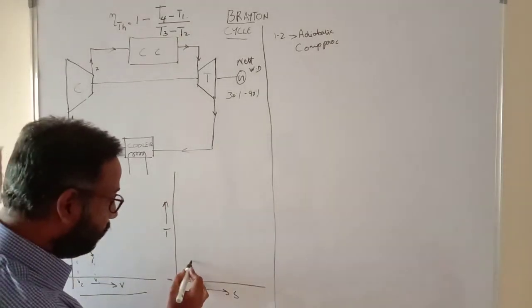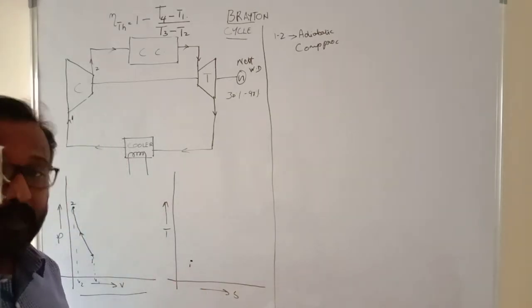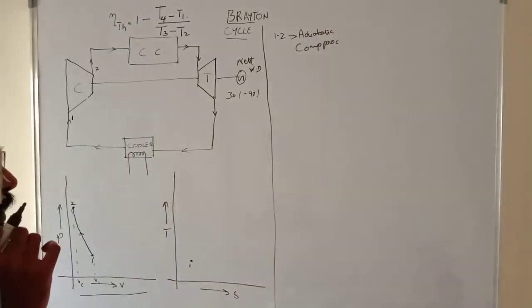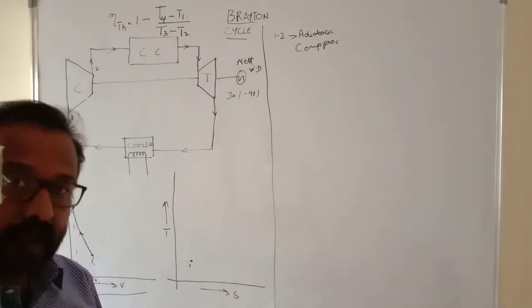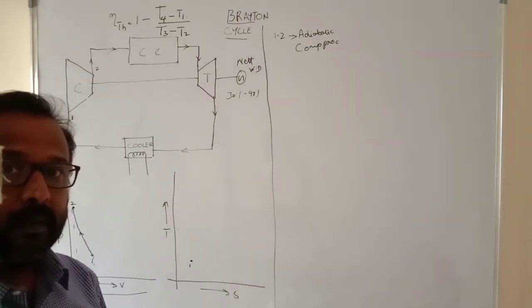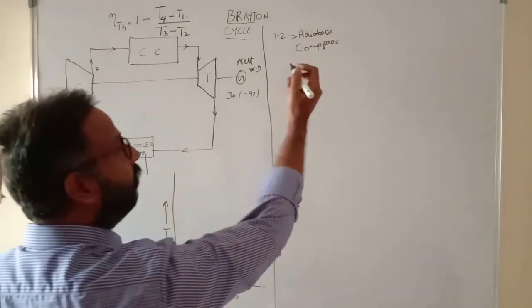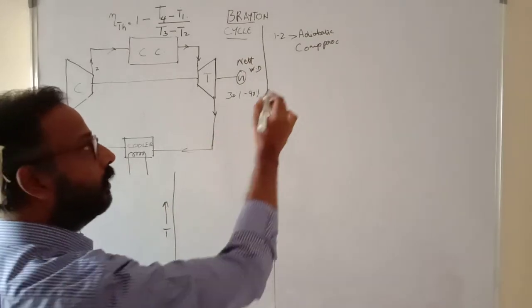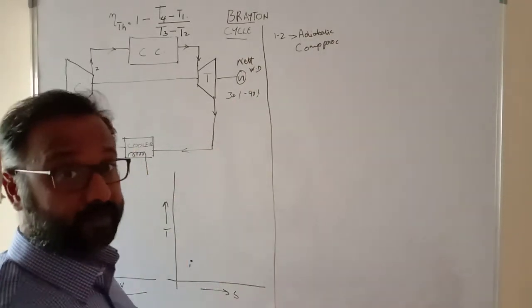Similarly, what will happen in the TS diagram? Let's say again I assume a point 1 in the temperature entropy diagram. One more thing you have to remember about an adiabatic process is that the entropy remains constant. For example, we know the Clausius inequality statement with respect to the second law of thermodynamics.